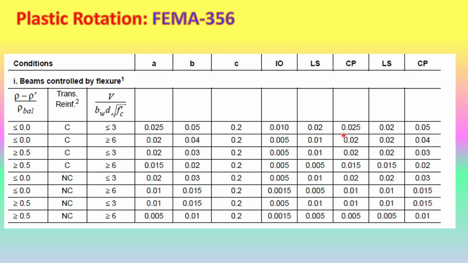So you can imagine at very small rotation, your system is collapsing. And for immediate occupancy, where the building's health is good, and life safety, where the health of the building is intermediate, the rotations are even less than those CP rotations. So at a very small degree of plastic rotation, these are all plastic rotations, your system will lead to collapse.